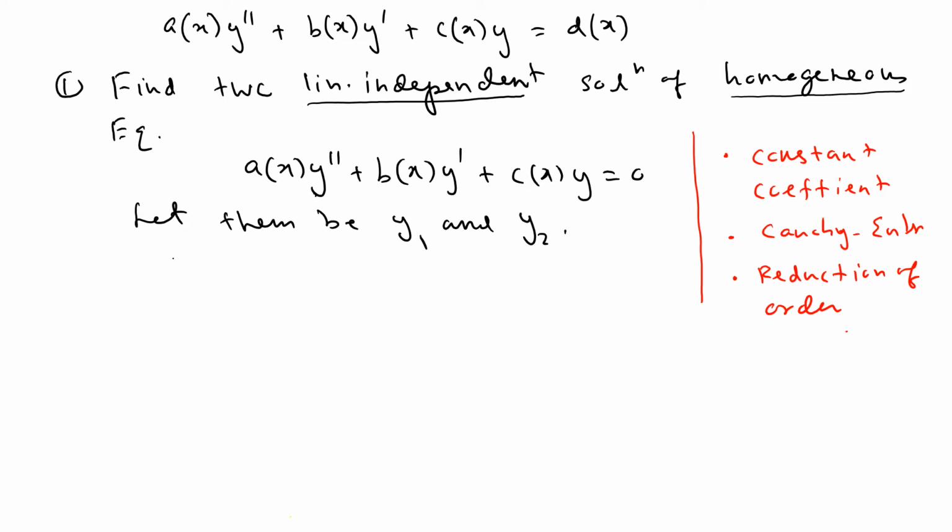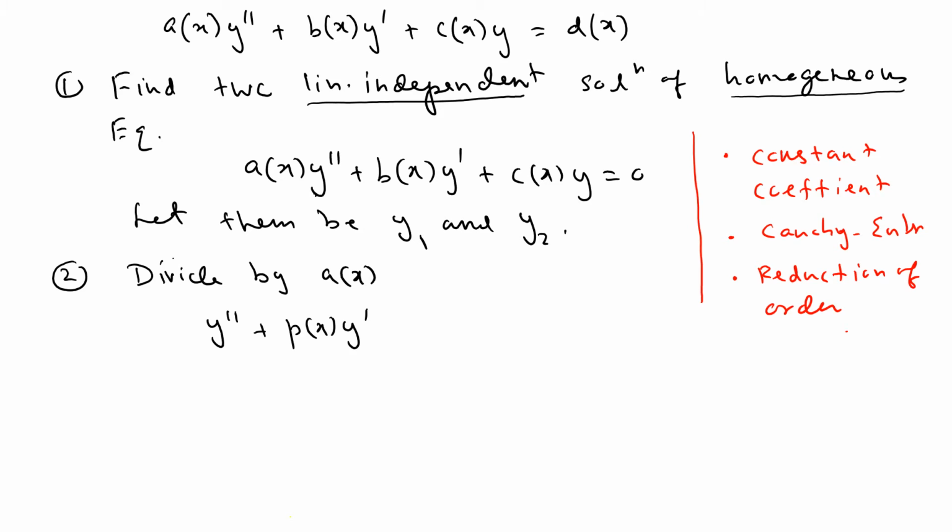Now the second step: we're going to write the original differential equation in standard form by dividing by a(x). So we can write the new equation like this: y'' + p(x) y' + q(x) y = f(x).